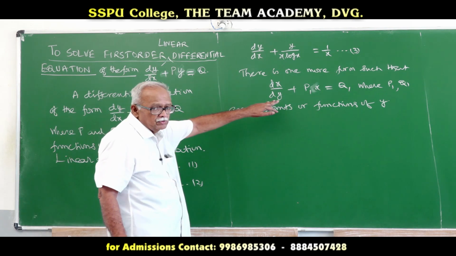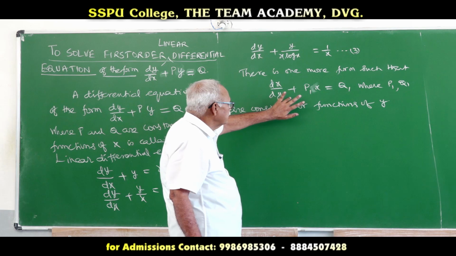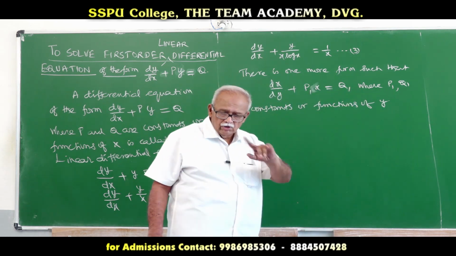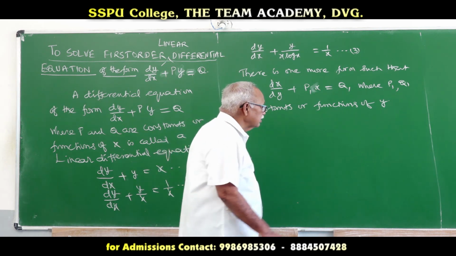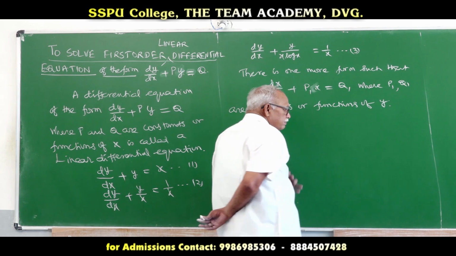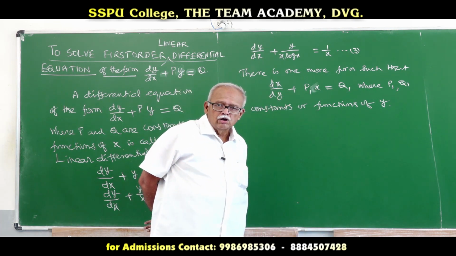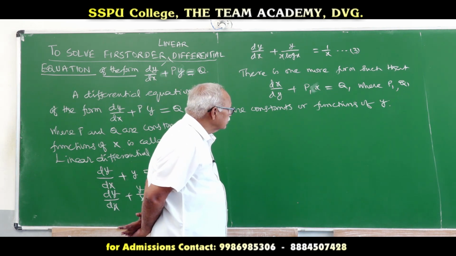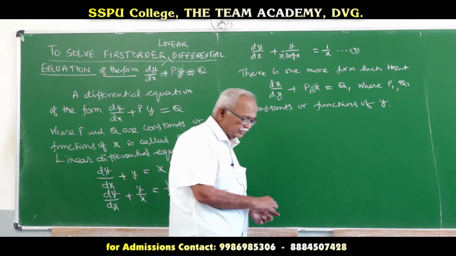Dx by dy form also we can get a linear differential equation. Dx by dy plus p1 of x is equal to q1, where p1 and q1 are constants or functions of y. So these are the two types of differential equations. Now we have to solve this differential equation. We will see in the next one how to solve this differential equation. Okay.